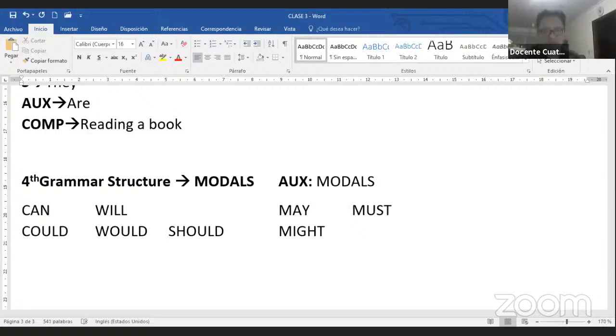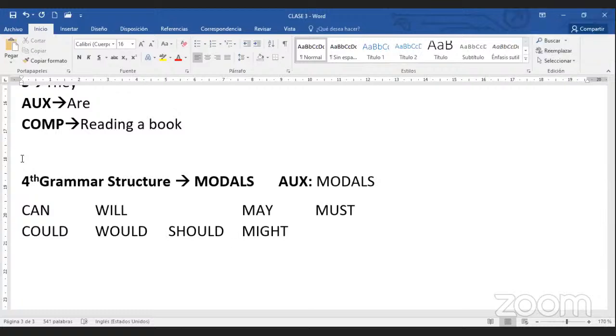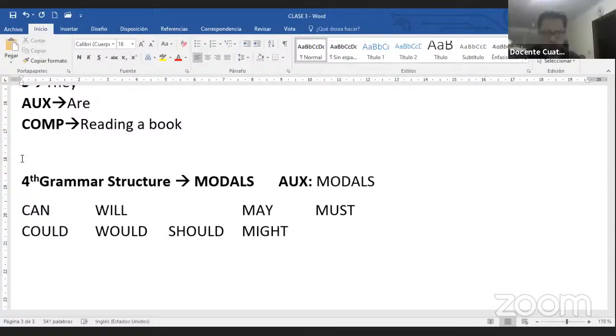These are the modals: can, could, will, would, should, may, might, and must. Do you know them? Have you seen them? Gabby, do you know these words? Single words, yes. Okay. Liber, do you know these words?